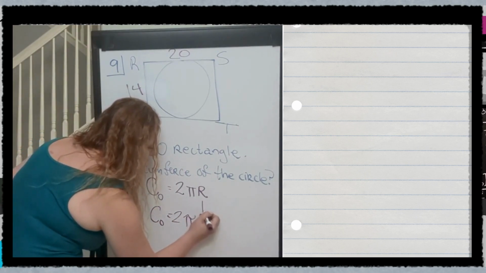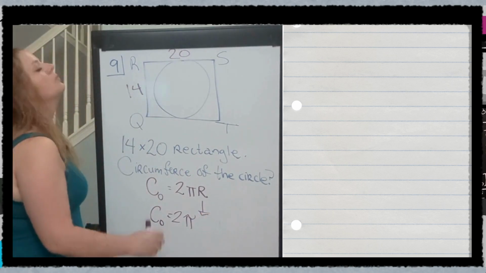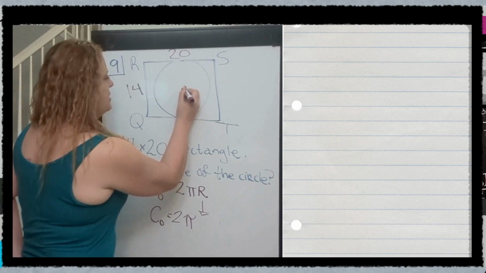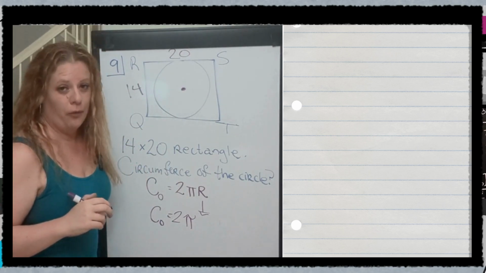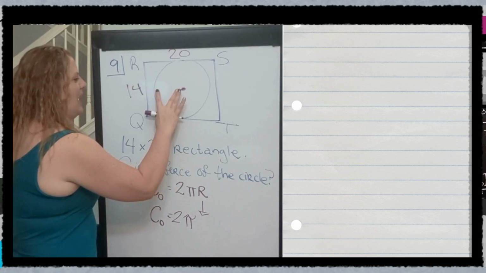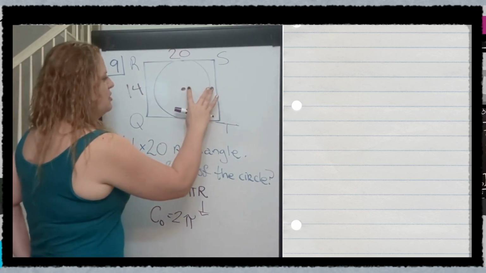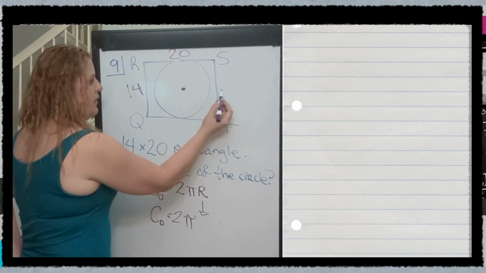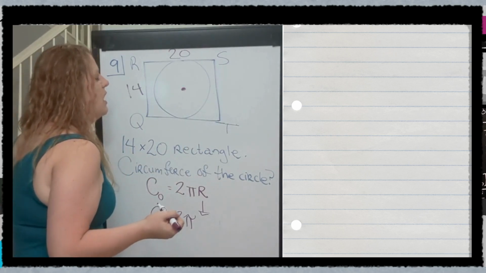So we have 2 pi. Let's find this r. Looking at our circle, we can estimate the center is about there, right? Coming out to the sides is not too much help. We know from here to here is 20, but that's all the way outside that circle.